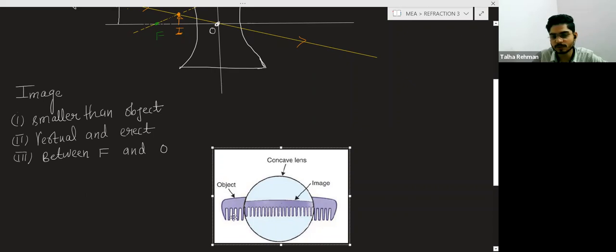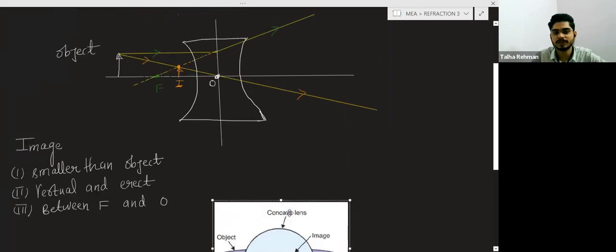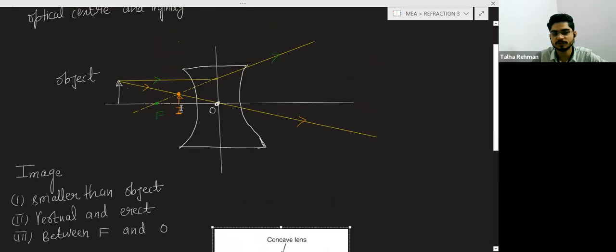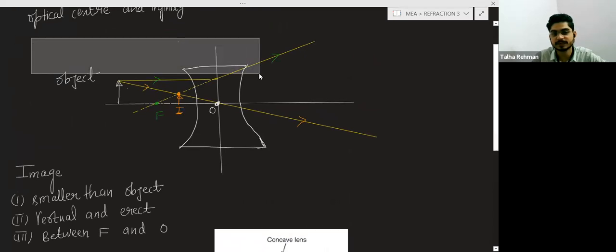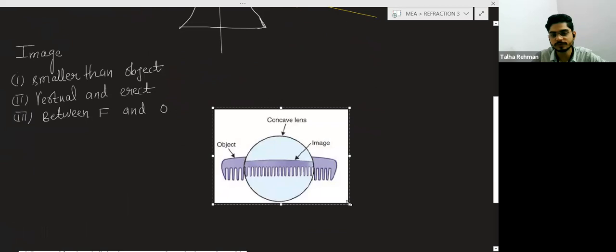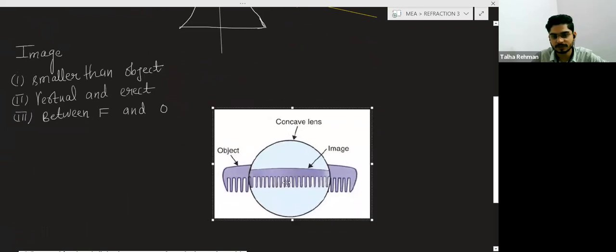Smaller than this original comb. This is the object and this is the image. Image is smaller in this case. Here also the image is smaller. So this is just the interpretation, and in actual also you will see this. This is the image, this is the object, and this is the lens. Comb is the object here.